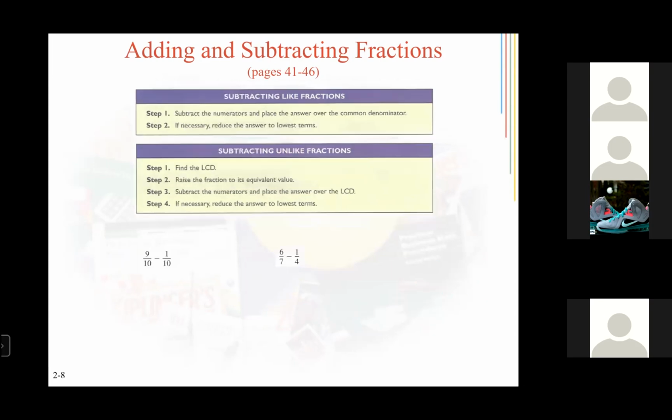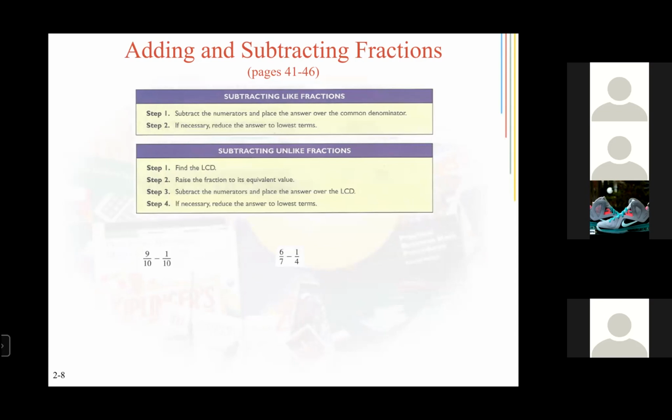The same principle applies for subtraction. You must have the same denominator in order for you to subtract. So if you look at the example that's there, 9/10 minus 1/10. What's your answer? 8/10.